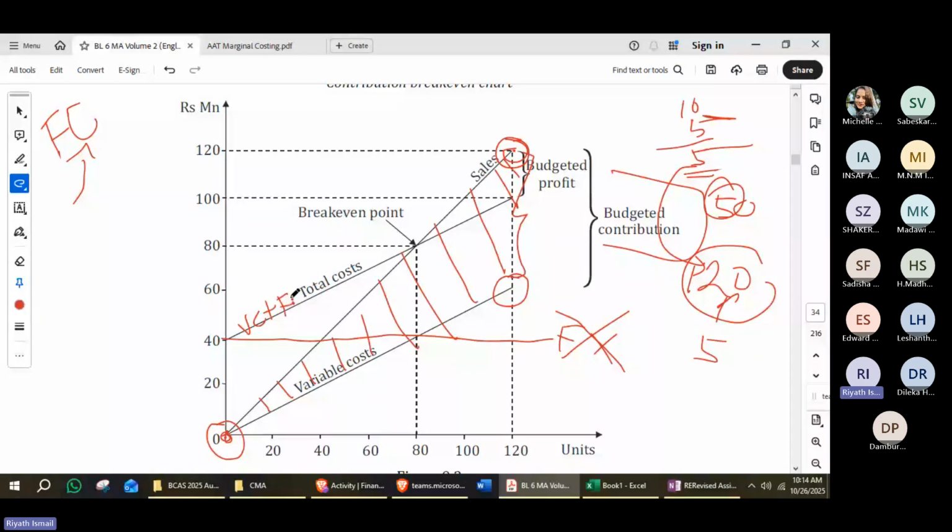Then the total cost line and variable cost line are parallel lines. The gap is always equal. And this point is the break-even point. Above is profit, below is loss. Likewise, this is the margin of safety. This is another chart.